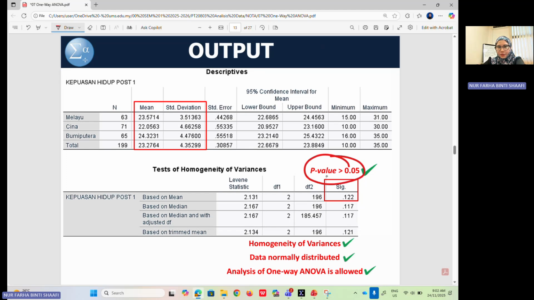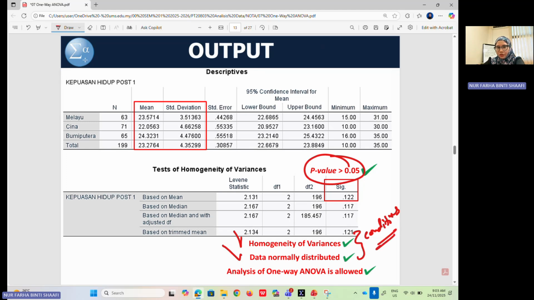If your p-value is more than 0.05, meaning that your data is normally distributed and you have achieved the homogeneity of variance. These two, if you remember, are part of the conditions to run the one-way ANOVA.